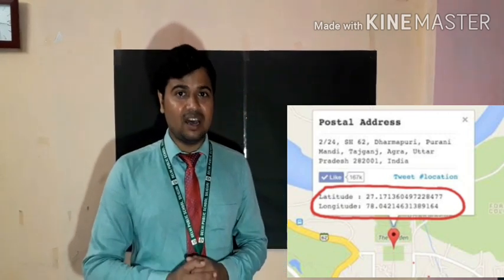Because our planet Earth is very big in size and it is very difficult to find the location of any particular place. So what Google has done, they store a particular number for each and every place, and these numbers are actually latitudes and longitudes.